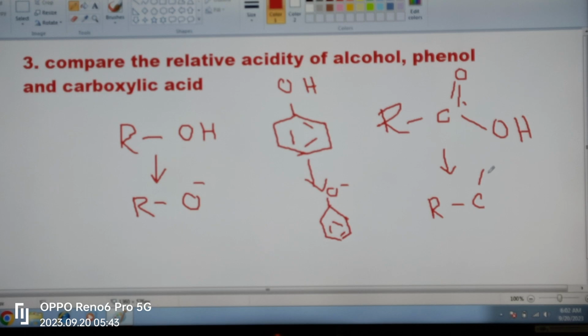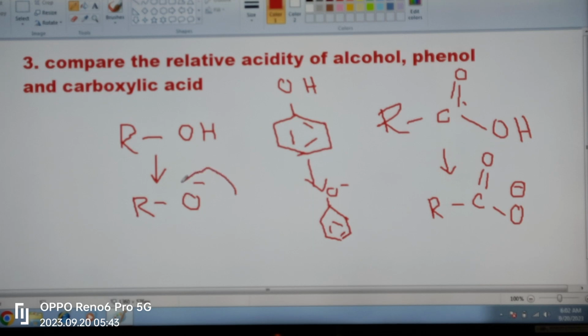So we have to consider the stability of these three conjugate bases, and if we conclude their stability, then it will be much easier to explain the relative order of acidity between alcohol, phenol and carboxylic acid.